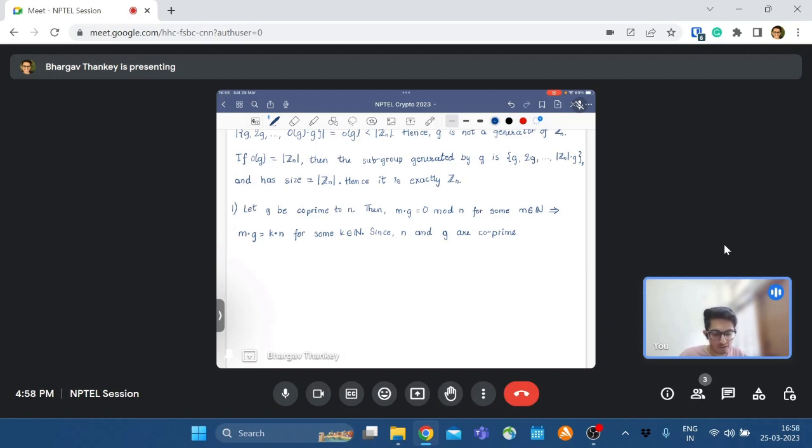So all the prime factors of n appear in the RHS, so they must also appear in the LHS, and so all the prime factors of n must divide m, right? So we get that n divides m.